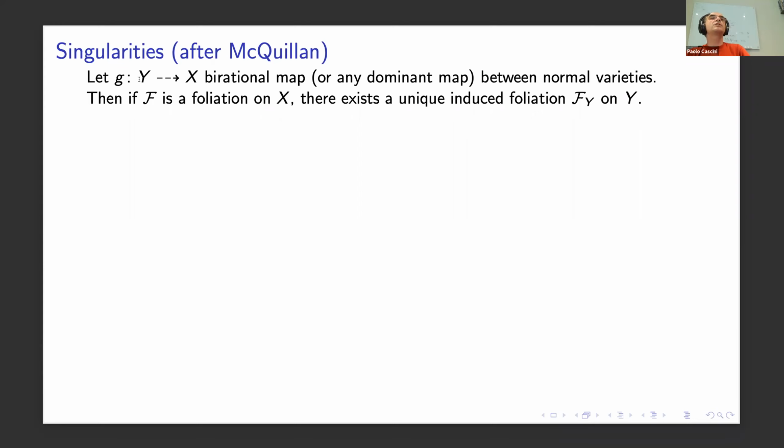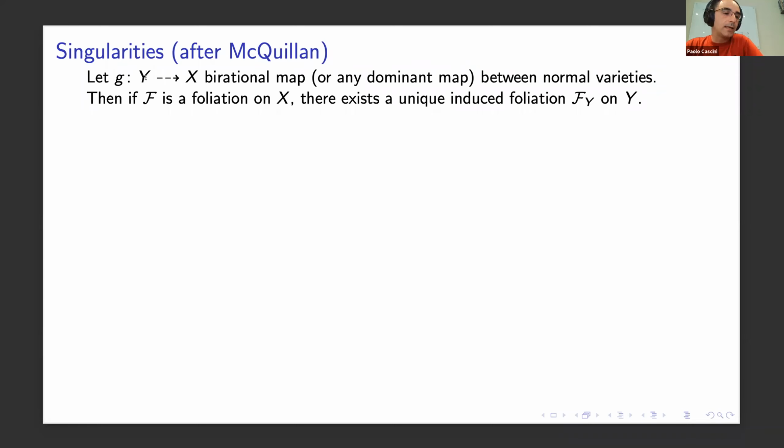Let's suppose that we have a birational map between normal varieties, or even a dominant map, but we're not assuming that this is a morphism. So it could be a blow up, but it can even be a contraction of something. It really can be anything. And let's suppose that F is a foliation on X. Then there exists a unique foliation naturally defined on Y. For instance, let's suppose they're birational.